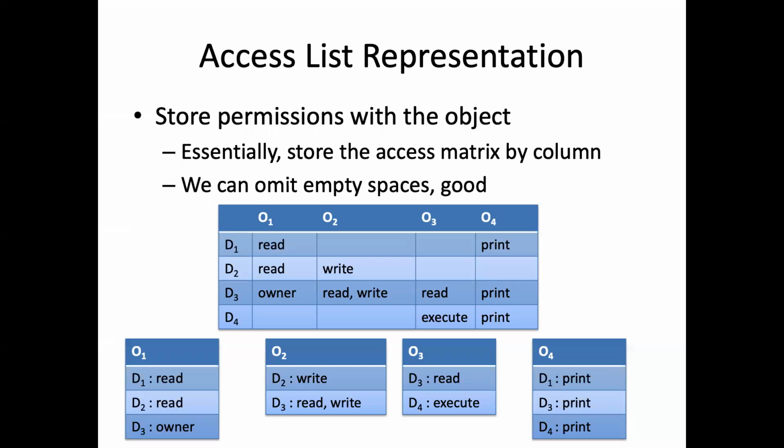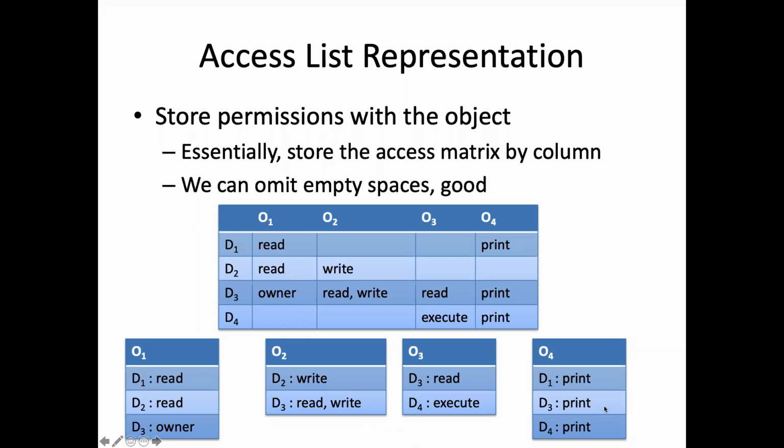And the reason that could be a much more efficient way of representing this is if a lot of the cells of this table are empty, if particular users running in particular domains don't have any access rights to the object, or if all users running in any domain have rights to access the object. An access list gives us a compressed way of representing that. So here for object O1, we just record who can access it.